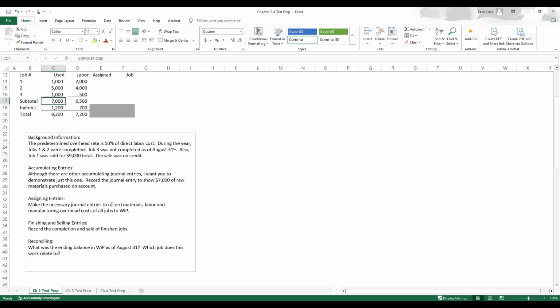And then we want to have our assigning journal entries shown, which is the actual assignment of the costs to the specific jobs. We're going to assign the materials, the labor, and the manufacturing overhead of all the jobs to WIP, so we're going to show that in journal entry form.